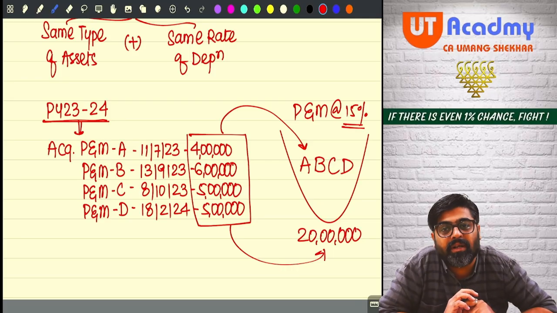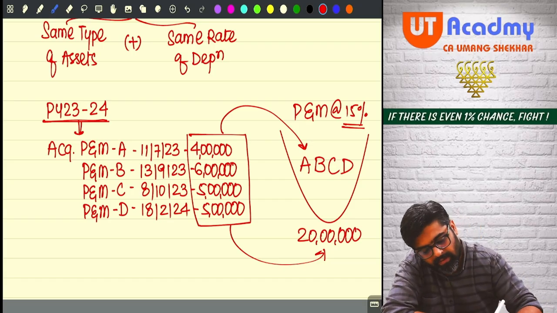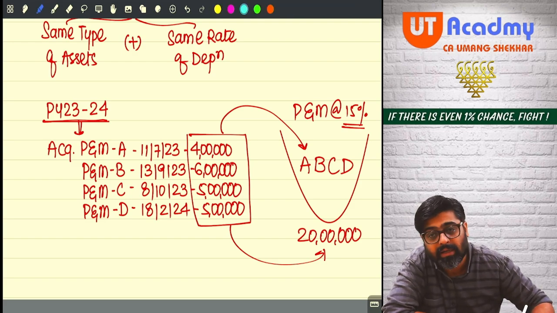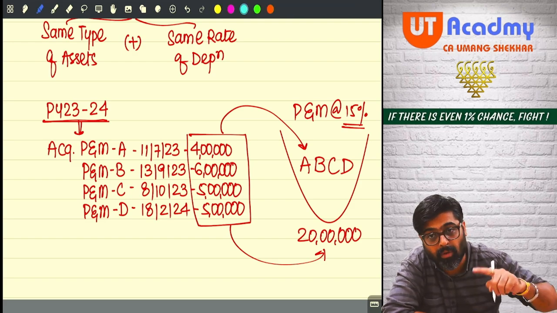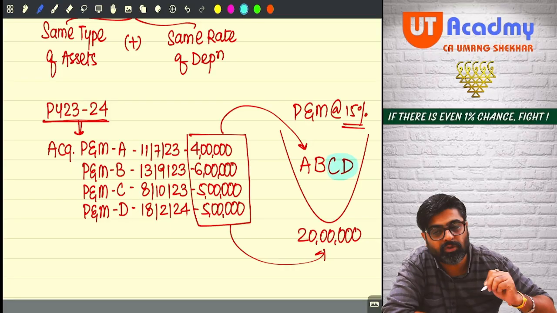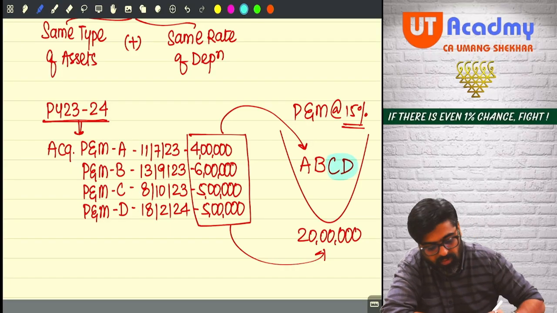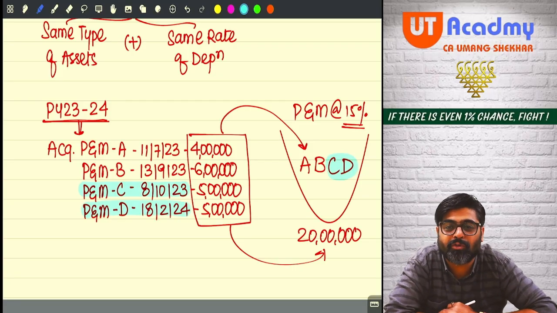But if I apply that 15% on the entire 20 lakhs, it will be a blunder. Why? Because as on the last day of the previous year, my block also has these 2 assets which were acquired during the year and put to use for less than 180 days.